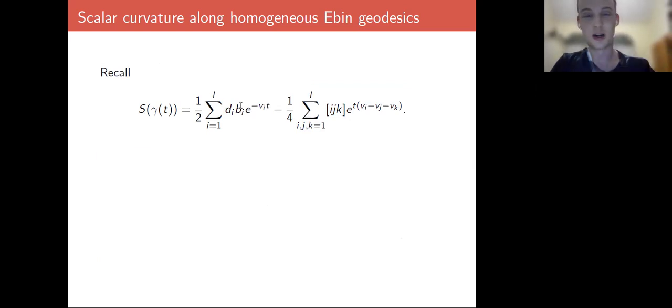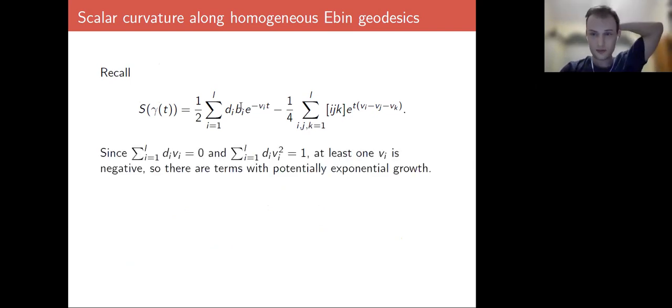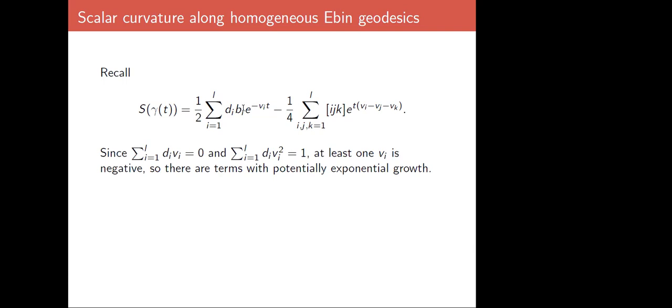So, new slide, but I just pulled my formula for the scalar curvature over from the previous slide. This is where you might think that the volume 1 constraint is just a bit of a technicality, but it turns out to be quite important when studying these asymptotics, because since the v_i numbers are not all 0, but they sum to 0, that means that at least one of these v_i terms has to be negative.